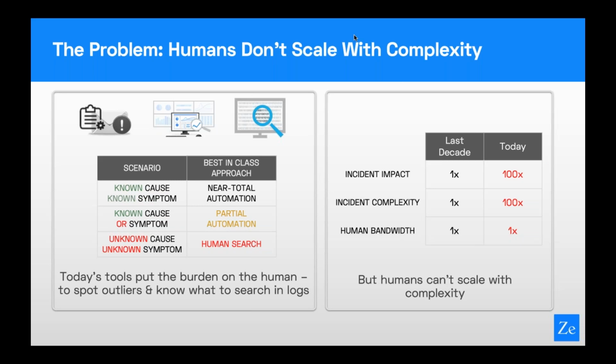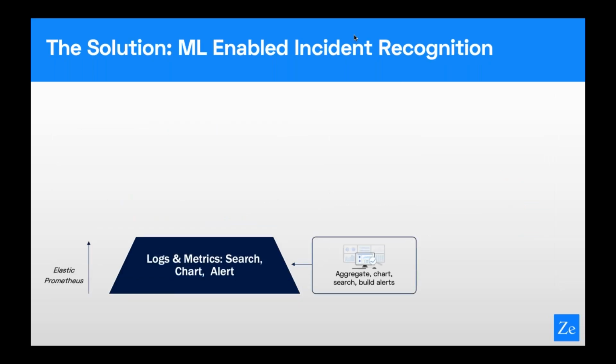But at the same time, our bandwidth as people has not gone up. So how can we approach the problem of reducing MTTR given these parameters? That's what we're out to solve. For us, the solution is to apply techniques of modern machine learning to assist a person by showing them what to look at.